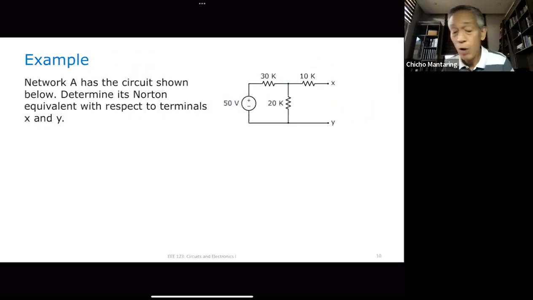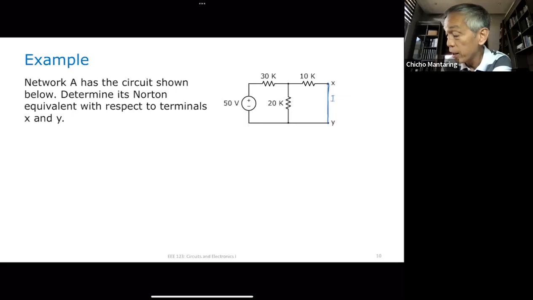Okay. So let's go back to our very simple example. I want to determine the Norton equivalent with respect to terminals X and Y. So how do I get my Norton current? I short this.